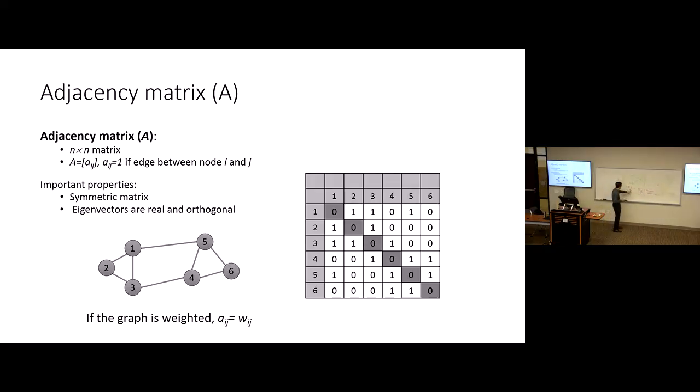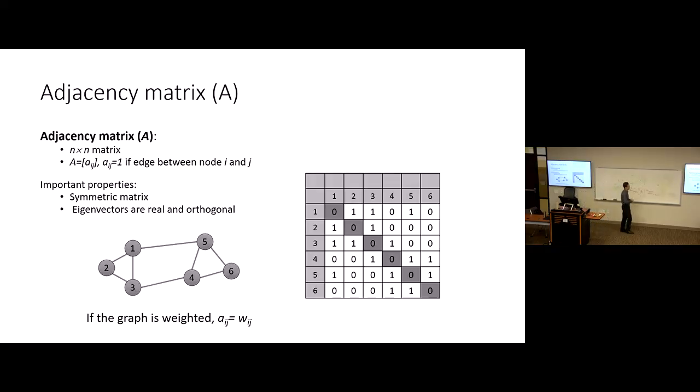Same thing here. We have a cutoff, and we have 0 and non-zero values here. You can binarize it to get this graph. It can also be weighted.